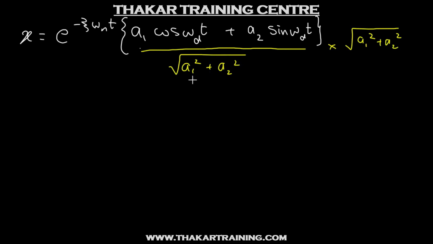So what I want to do now is take A1 upon under root A1 square plus A2 square and A2 upon under root A1 square plus A2 square, and replace them with a new constant. For that I'll just construct a right angle triangle.